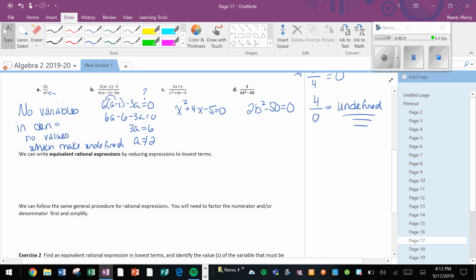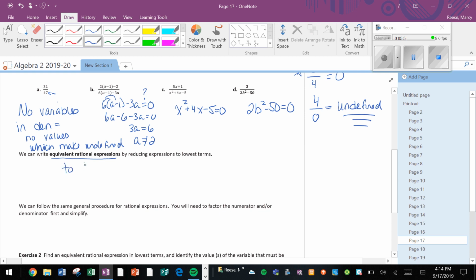Okay. So it says, how can we write equivalent rational expressions by reducing expressions to lowest terms? This means that you can actually reduce by factoring. So that's going to be the next piece here. So we can write equivalent rational expressions by reducing by factoring.